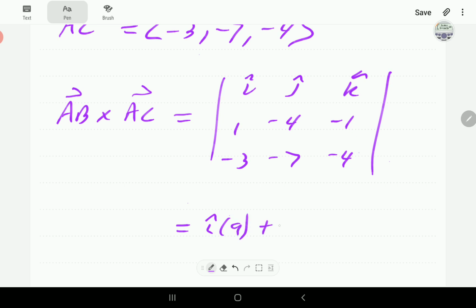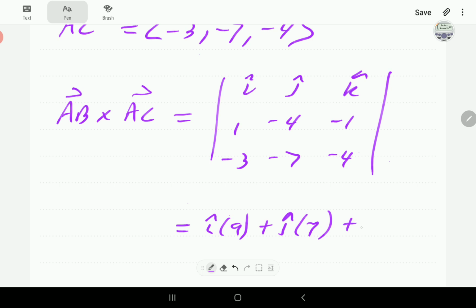And then for the second one, instead of major minus minor, I'm going to do minor minus major. It's going to be 3 plus 4, which is 7, and I'm going to put a plus here. So 3 plus 4, yes.